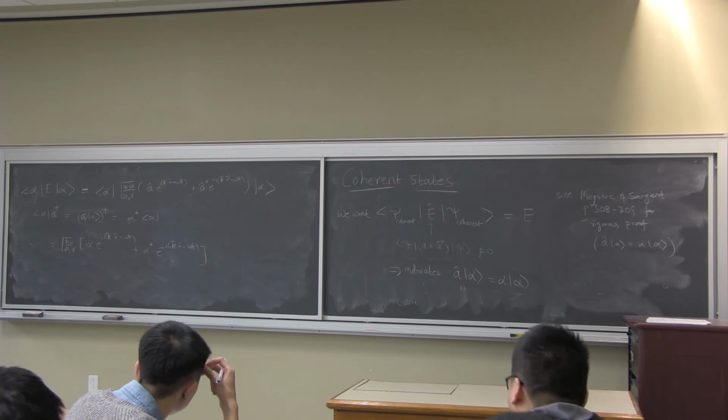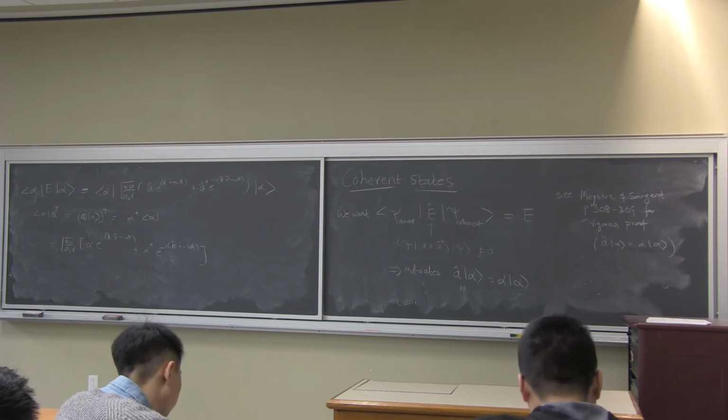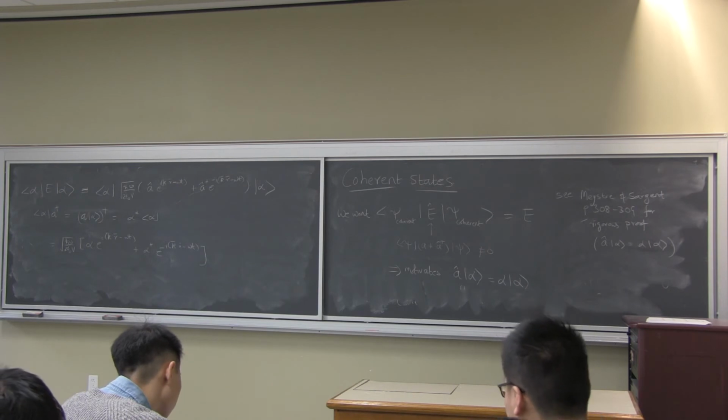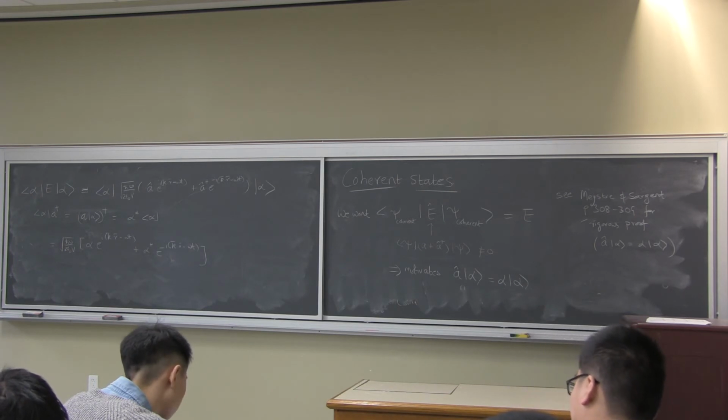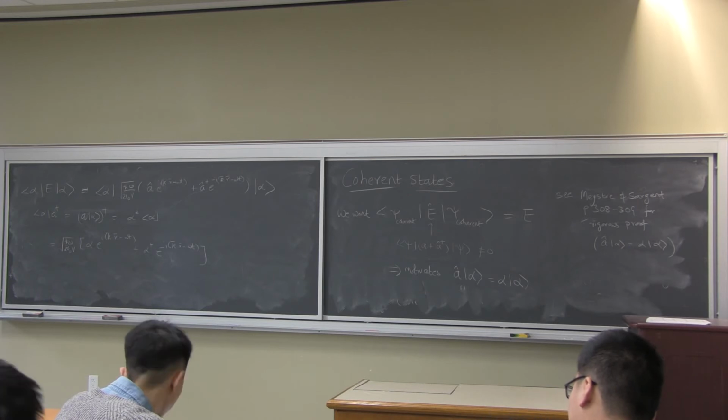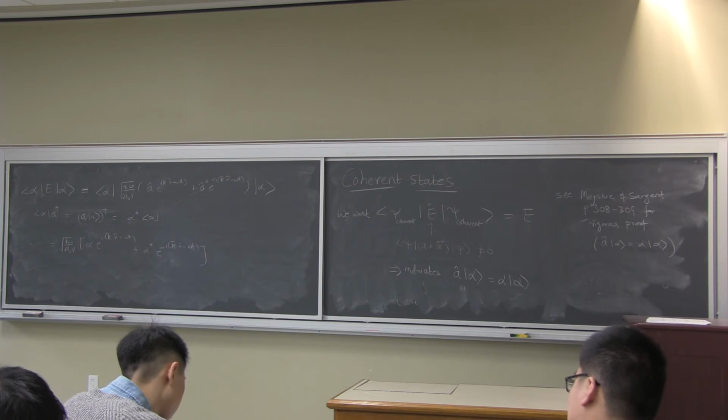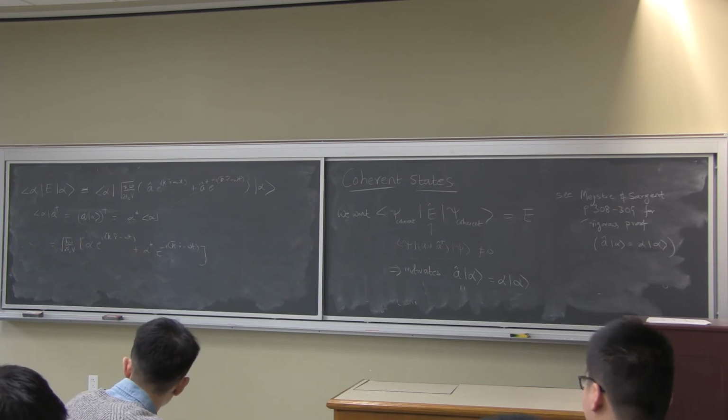So oftentimes later on, when we do Hamiltonians involving single mode fields, and we don't want to consider the quantized property of the field, we just want to consider the classical properties, we'll replace A, the annihilation operator, by alpha, and A dagger, the creation operator, by alpha star.